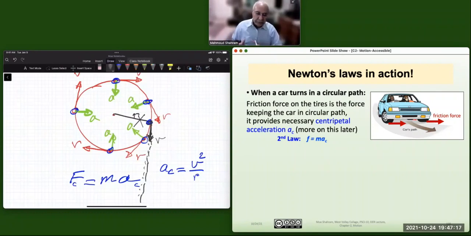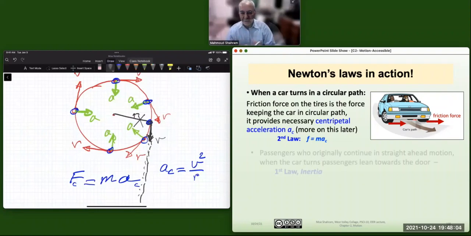You turn at some speed, and you feel that you lean the other direction. Why is that? Because now your body wants to go straight because of its inertia. But your car is turning to the side and your body still wants to go straight.